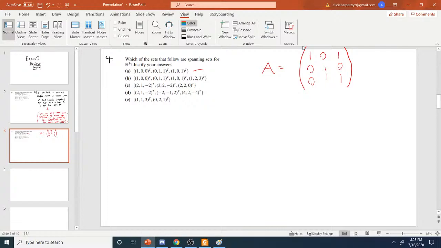Now, to make my life a little easier, I'm going to note that the determinant of A is equal to the determinant of A transpose. So I'm going to work with A transpose instead, just for simplicity. This is the matrix 1, 0, 0, 0, 1, 1, 1, 0, 1.